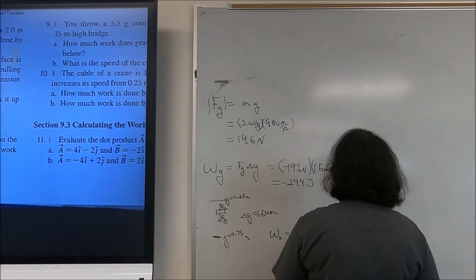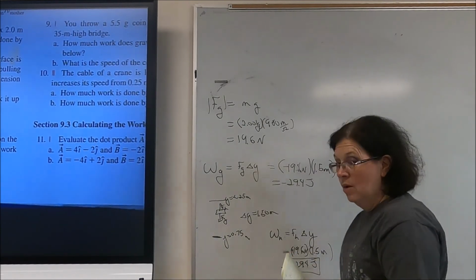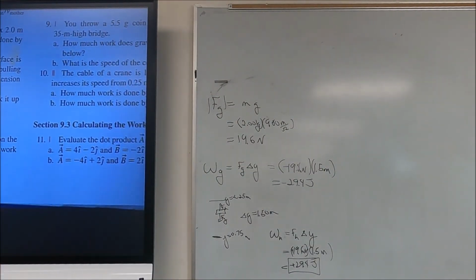And delta y is 1.5 meters. You get a plus 29.4 joules. So the work your hand is doing is being directly opposed by gravity, okay? And what's happening here is the energy you're putting in is essentially going to end up in gravitational potential energy.